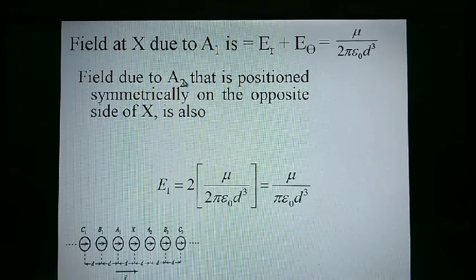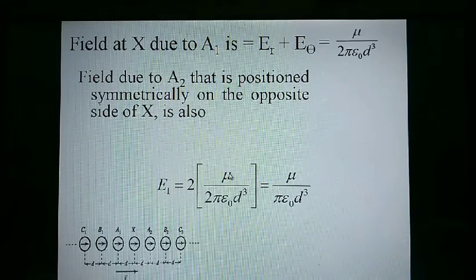Therefore, the magnitude of the electric field due to A2 at the location of X remains the same. Therefore, the total electric field at the site of the dipole X can be taken as 2 times this value, mu by 2 pi epsilon naught d cube.